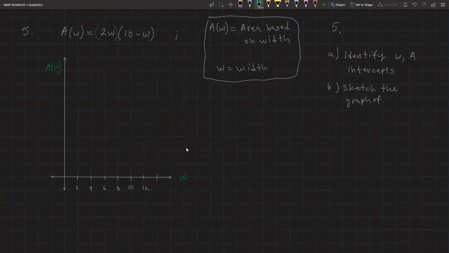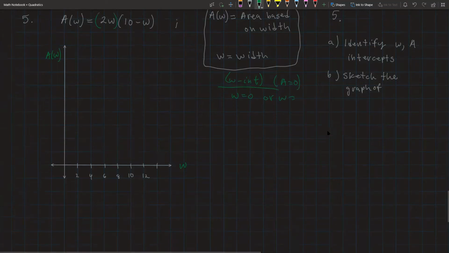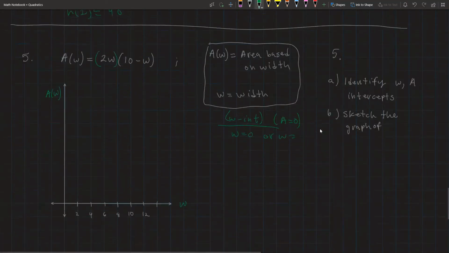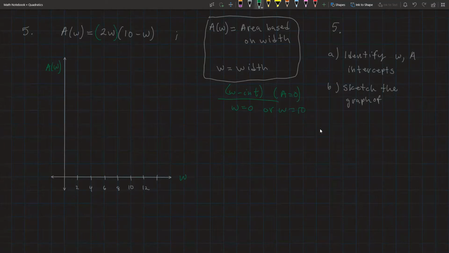You can say something times something, so either W equals 0, which is kind of weird because we haven't seen that yet, and that was when area equals 0, what used to be y equals 0, or W equals 10. But remember, those are coordinates: 0, 0, and 10, 0. Don't forget that. Let's plot those, 0, 0 here, 10, 0.